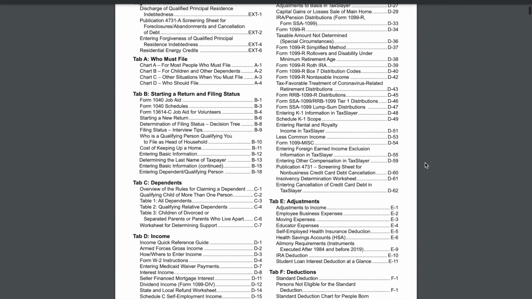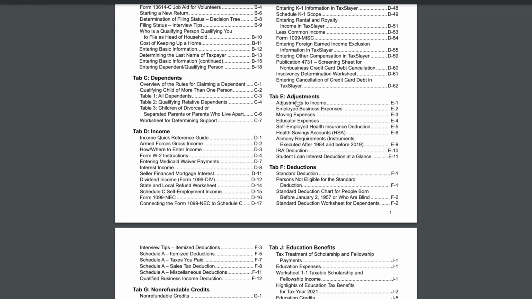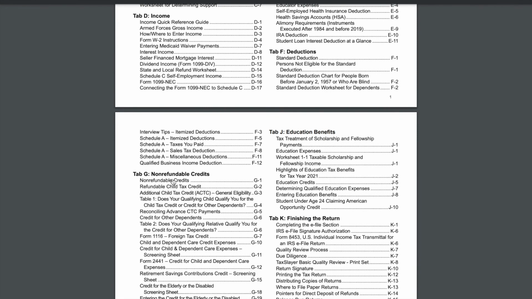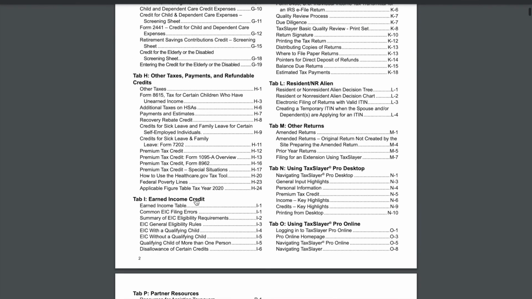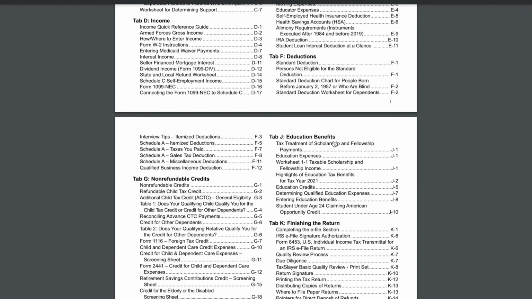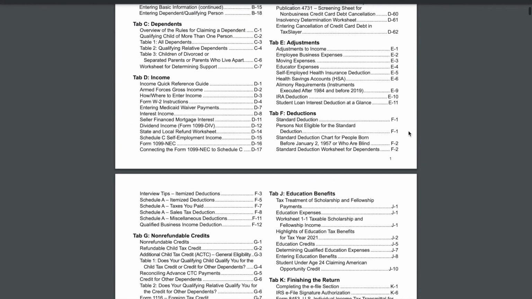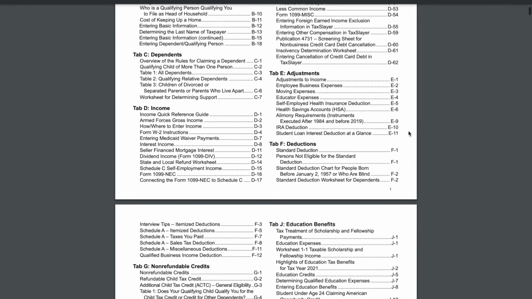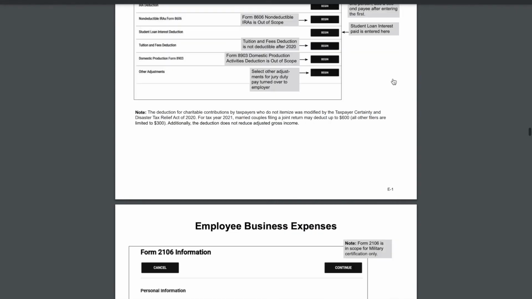And as you can see here, we're going to be covering tabs E, F, G, H, I, and J here. There's a lot of stuff that we need to cover here in Publication 4012, and so I'm just going to have to move a little quicker than usual to make sure that all of it fits into this video in a reasonable amount of time.